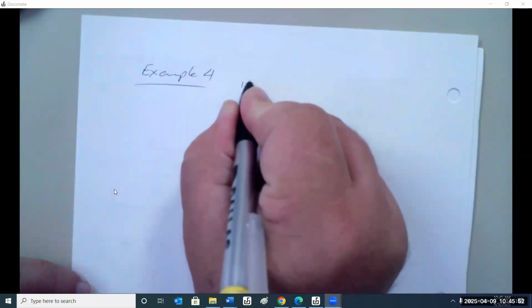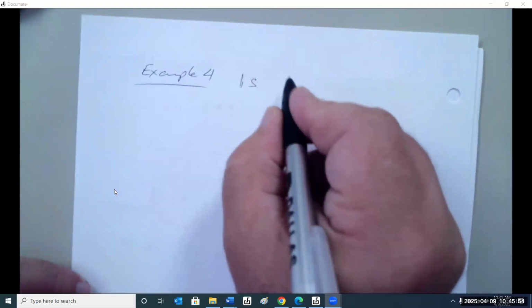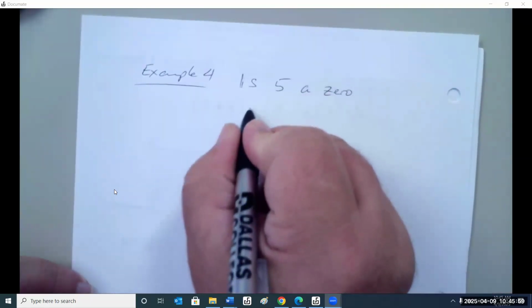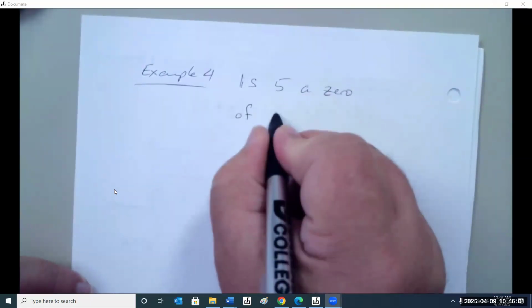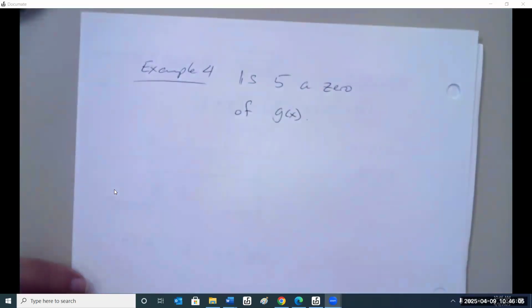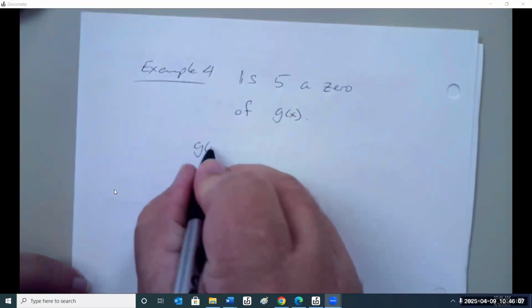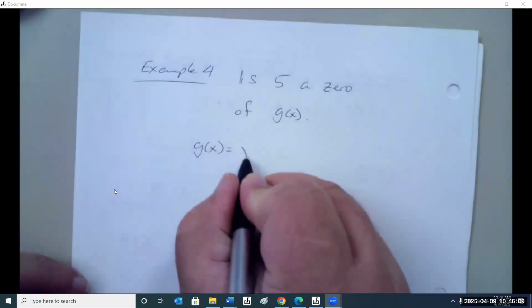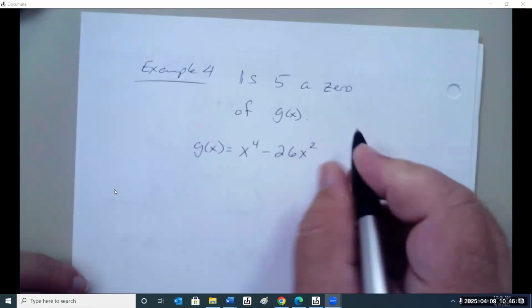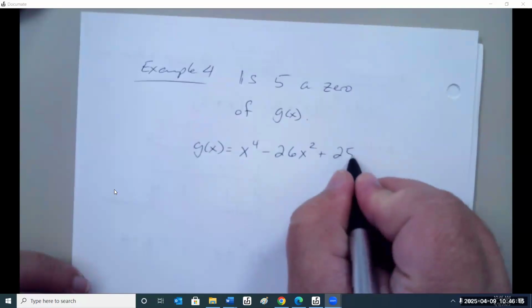Four. Is 5 a 0 of g of x, where g of x is equal to x to the fourth minus 26x squared plus 25.